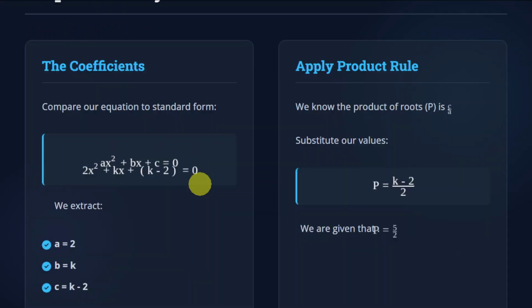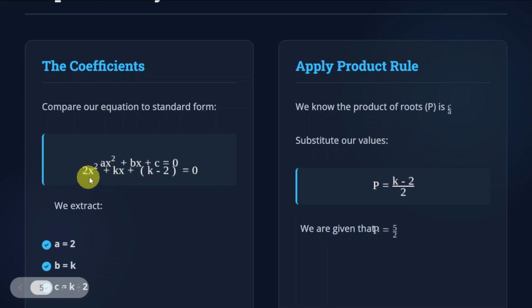Okay. Let's compare our equation to the standard form. The quadratic equation is given by the form ax squared plus bx plus c is equal to 0. But the question gives us 2x squared plus kx plus k minus 2 is equal to 0. So compare this.